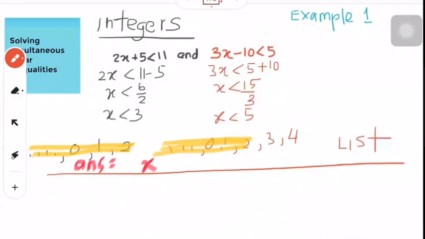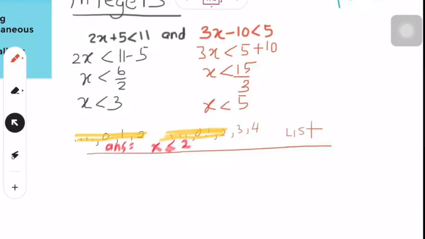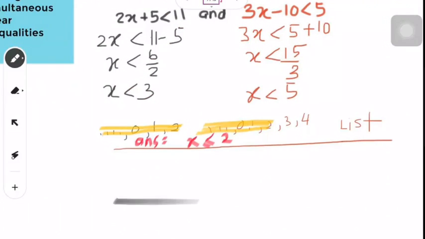How do you write that in the symbol of inequality? x must be less than or equal to 2. Next, I will show you the number line. If we use a number line, you have to use one single number line.